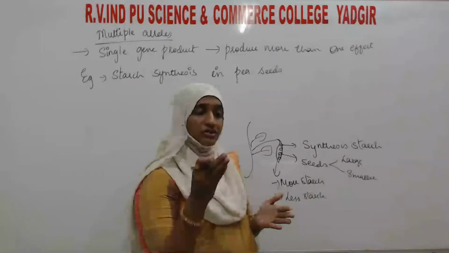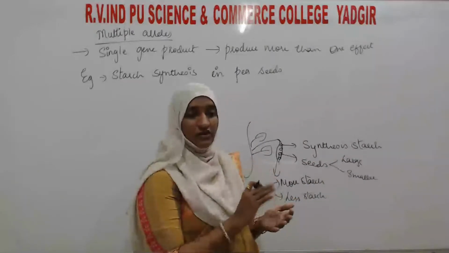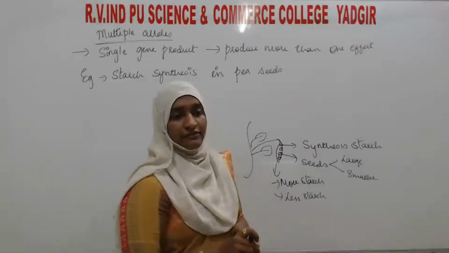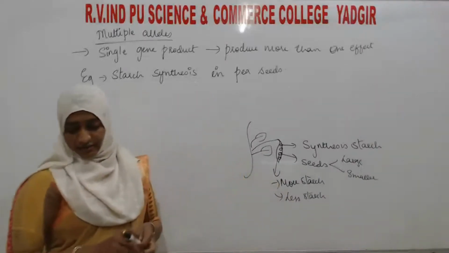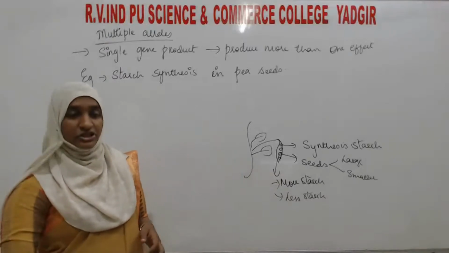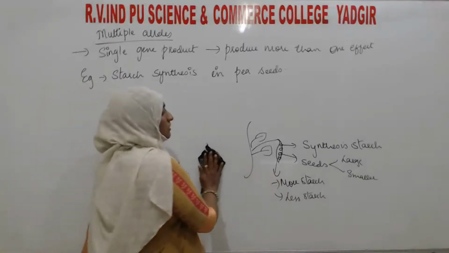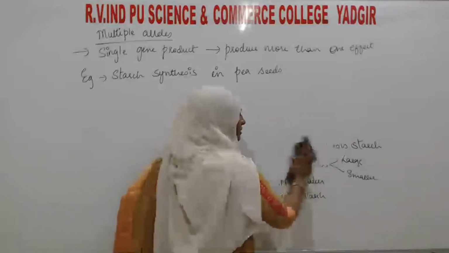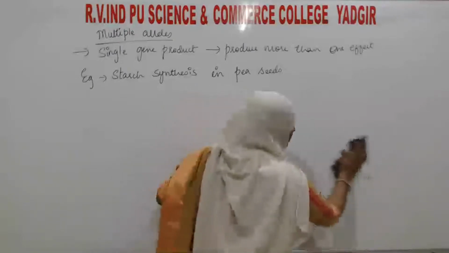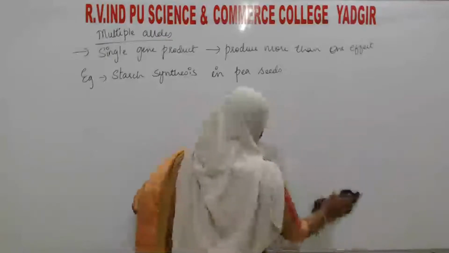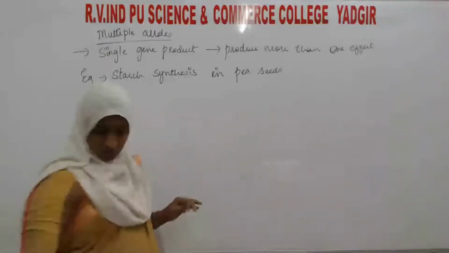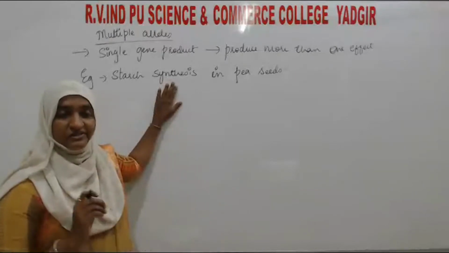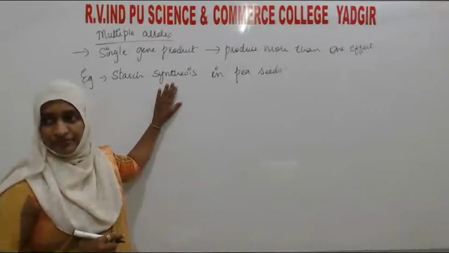So which gene is responsible for the production of less starch? We have to see that by taking a gene product which is producing a particular product, the starch, from the pea seed. This starch synthesis in pea seeds is controlled by one gene.